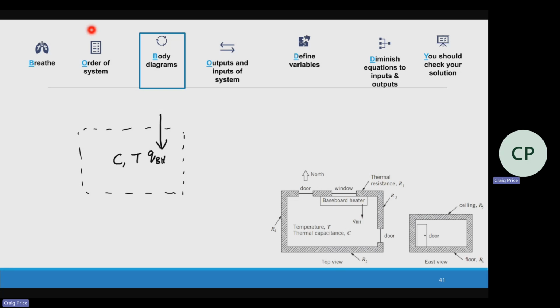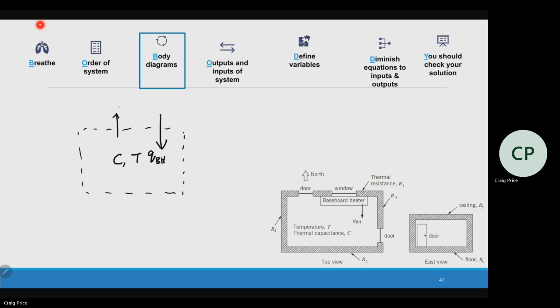Is that it? Are we good? Why not? Heat is leaving. So as I heat up this room, we can all start at the same ambient temperature, but as that temperature rises, as I get more of a delta T from one side of the wall to the other, that's where we're going to see that heat flow out. And so we want to model that for all of them.